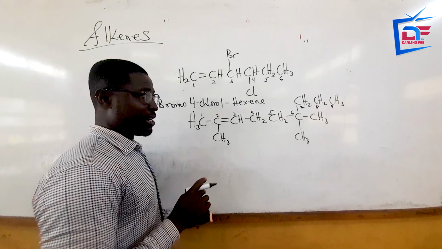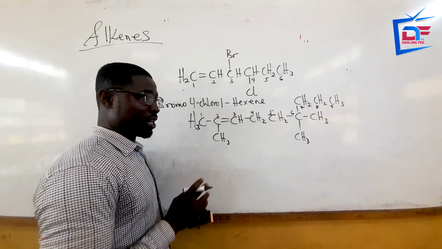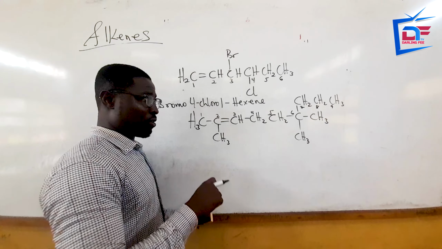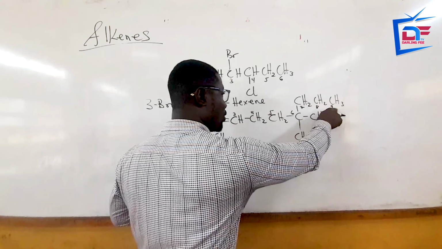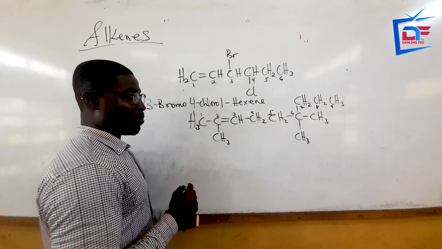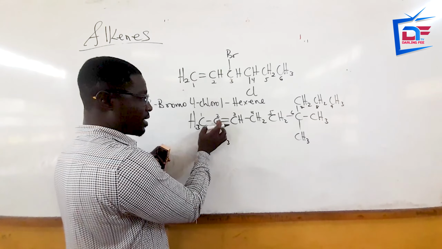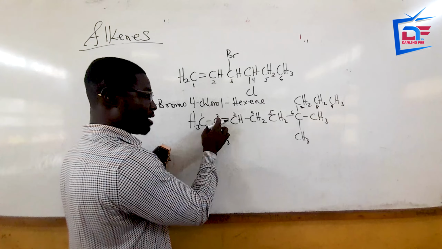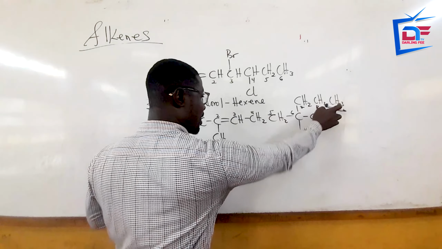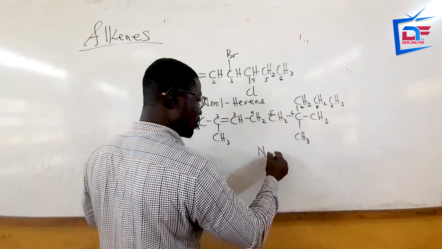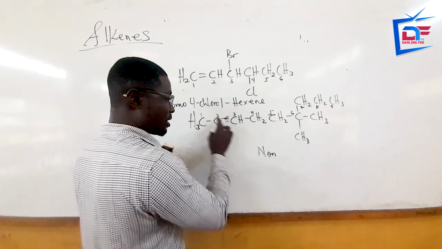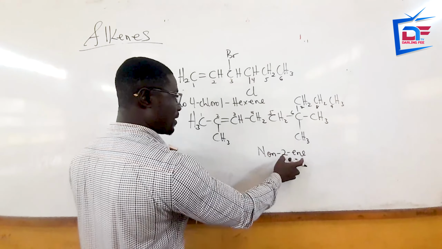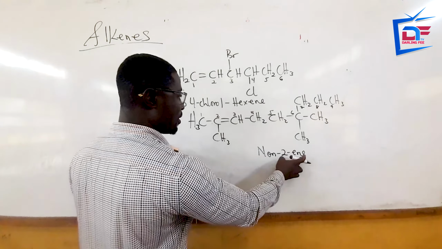The rule is saying that we should consider the longest continuous carbon chain containing the double bond. So looking at what we have here, we have the double bond on the second carbon. With the number 9, that is going to give us nonene. So that is non-2-ene for the parent name.